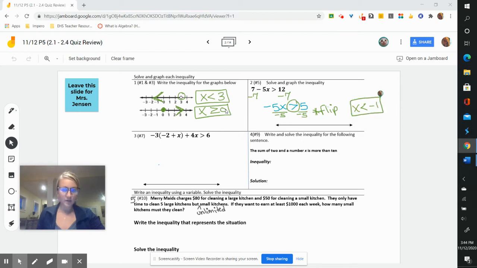And 5 divided by negative 5 is negative 1. It's going to be open at negative 1 because negative 1 is not included in the possible solution set. And it's all values less than, so we'll shade to the left.